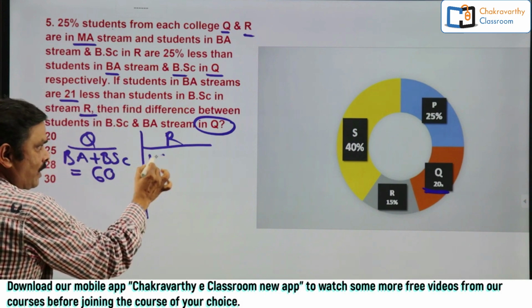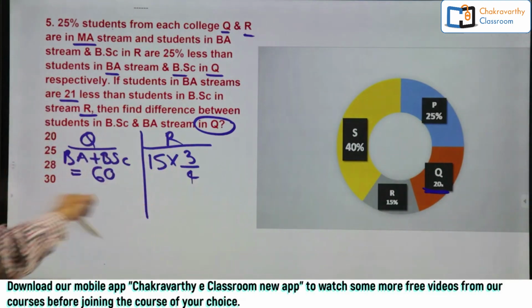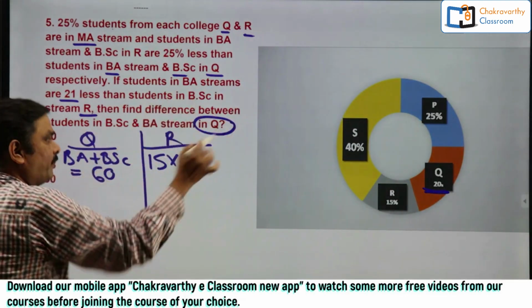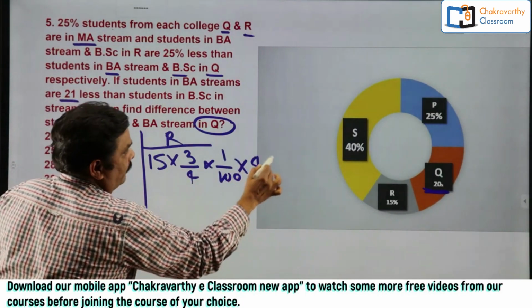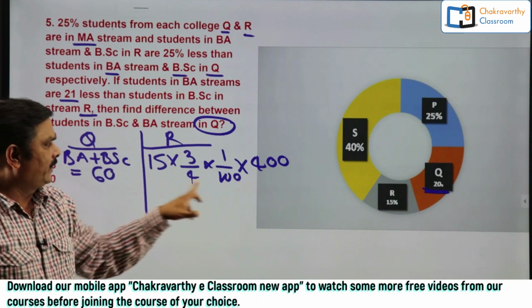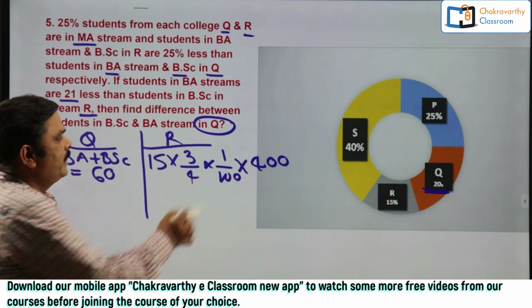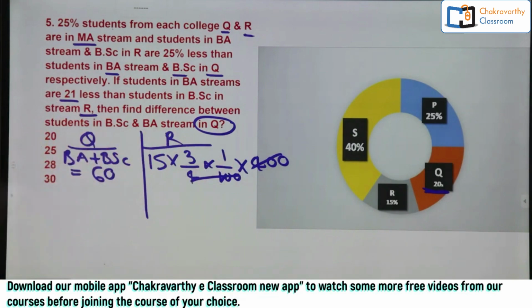I am doing it this way: 15 into 3/4. This is a percentage, and percentage means 1/100, so you take 400 into 400. Even this can be done mentally. Convenient figures are there: 4 into 100, 400. This 400 will be cancelled. 15 threes, that is 45.